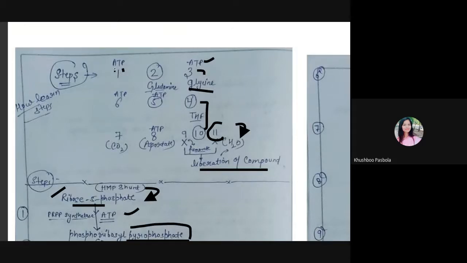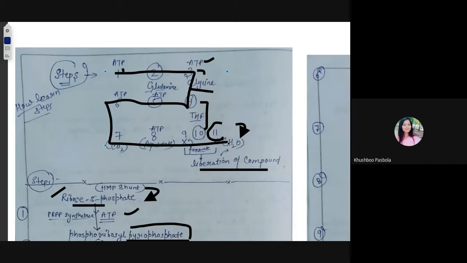Just draw this pattern in this way, like this. Now you can see, write 1 over here, then 1, 2, 3, 4, 5, 6, 7, 8, 9, 10, 11. Just write 9, 10, 11 close to each other.